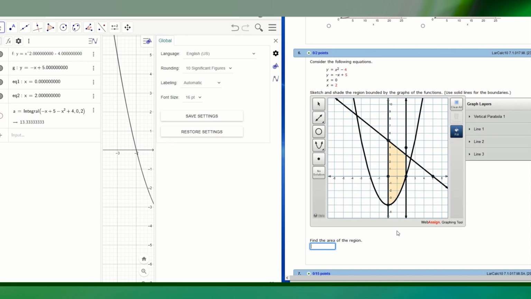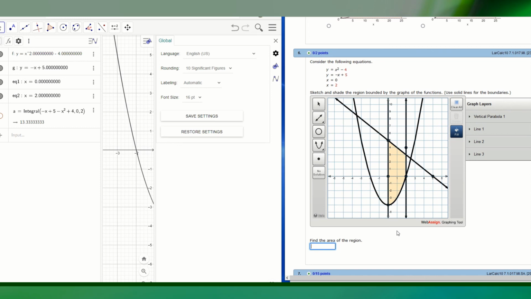Let me include that in my calculator. So I would like to have the math functional integral of negative x plus 5 minus x squared plus 4, with respect to x, between 0 and 2.